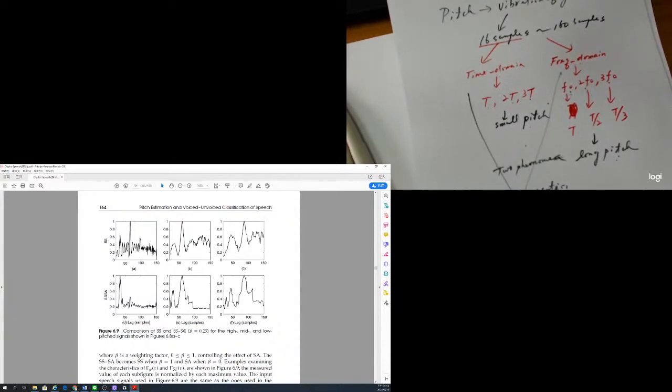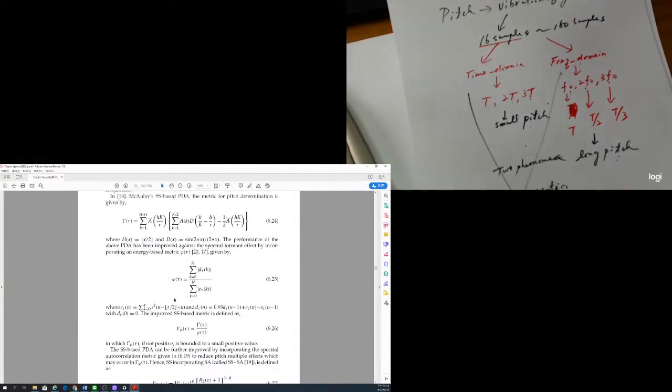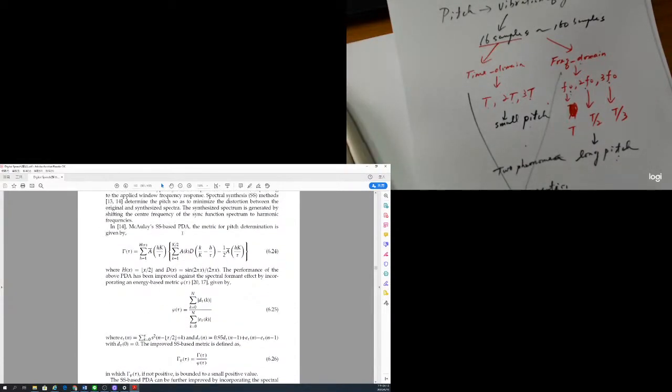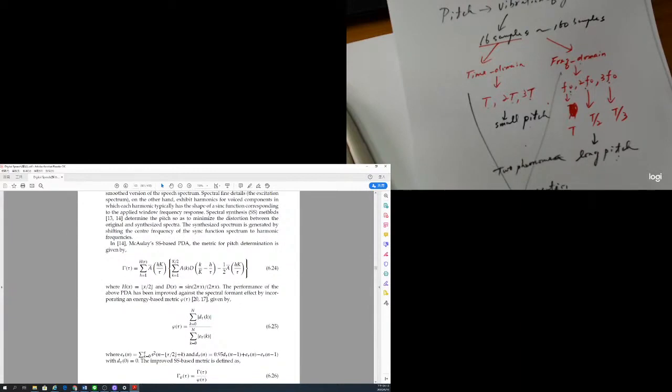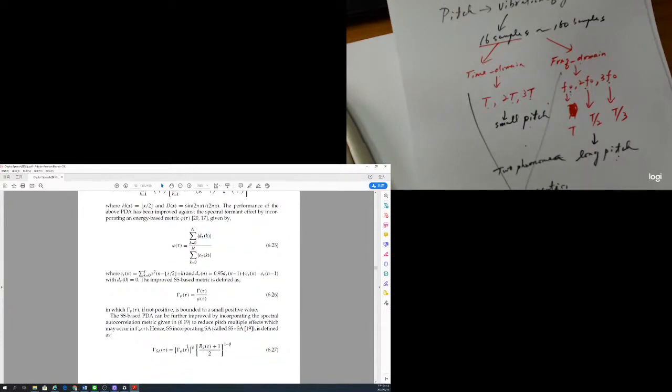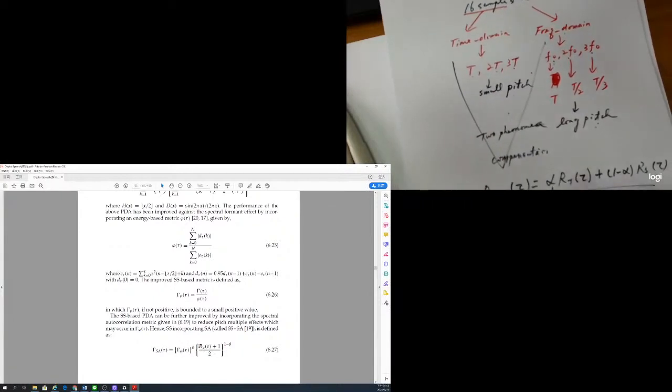One is spectrum autocorrelation, and another one is the spectrum synthesis method. So we can combine them together.